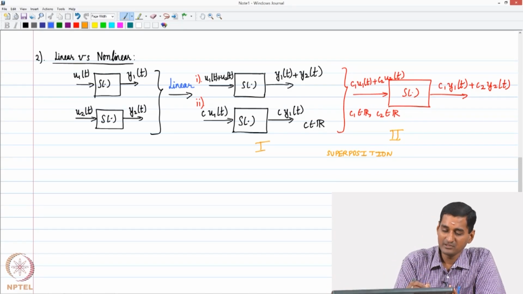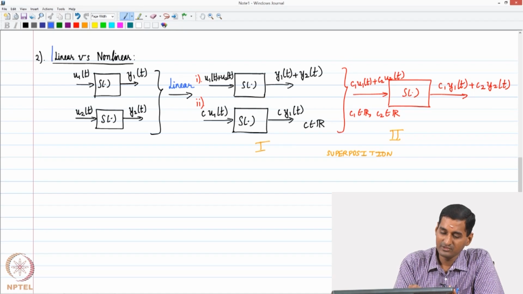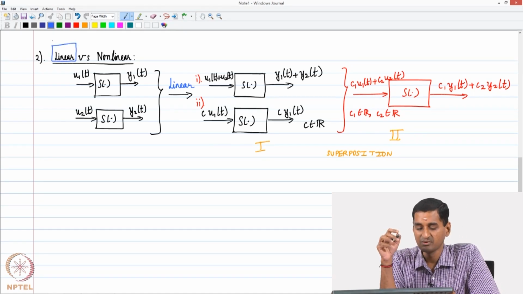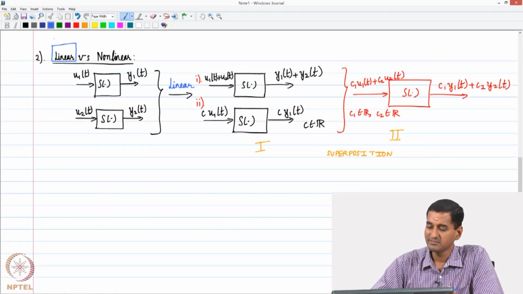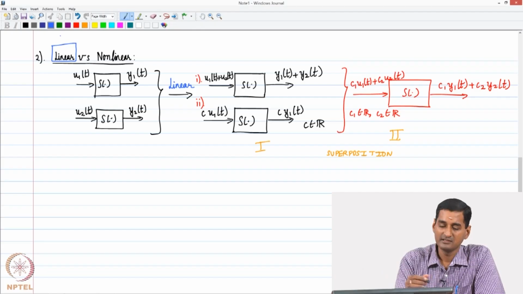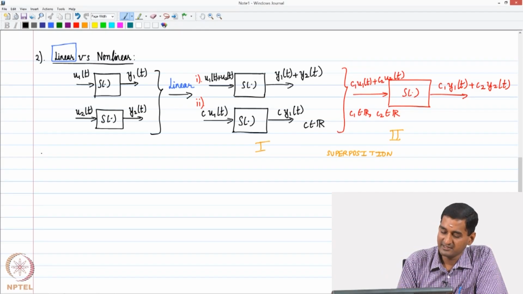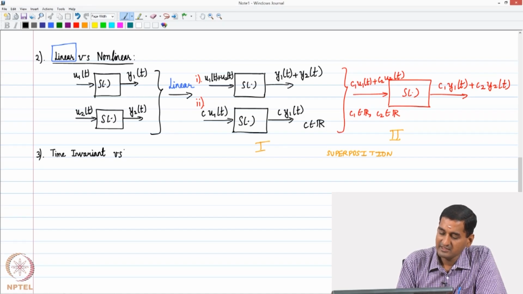So, in this particular course we are going to deal with linear systems. Okay. After we go through all the classifications, we will summarize what we are going to deal with, right. So, finally, the third classification that we are going to look at is that of a time invariant system versus a time varying system.